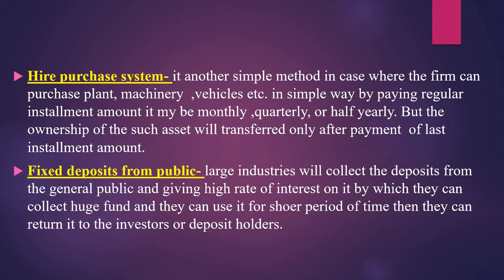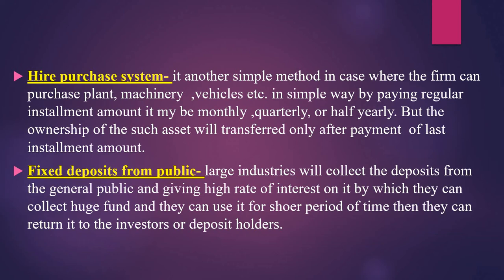Next is fixed deposit from public. Large industries collect deposits from the general public and give a high rate of interest on it, by which they can collect huge funds and use them for a short period of time. Then they return it to the investors or deposit holders.